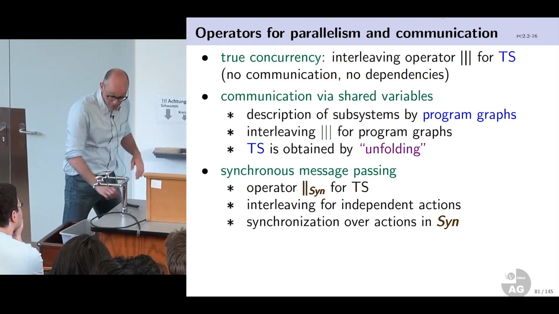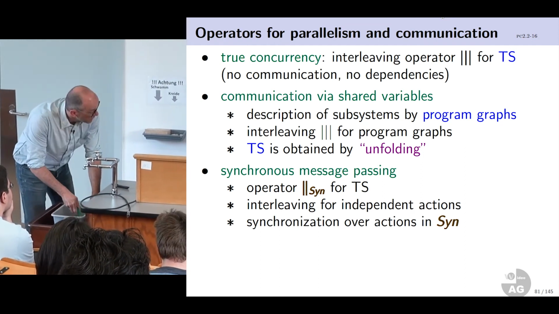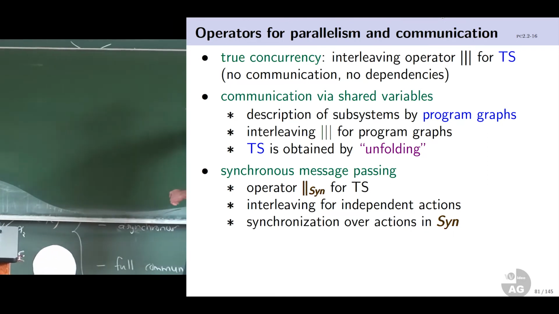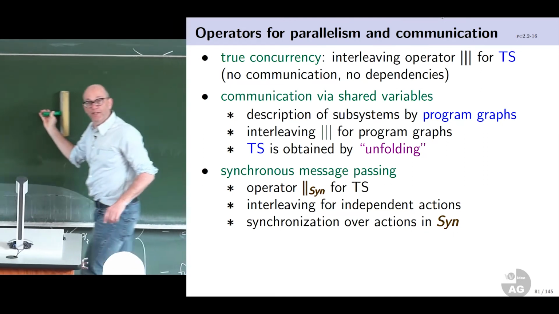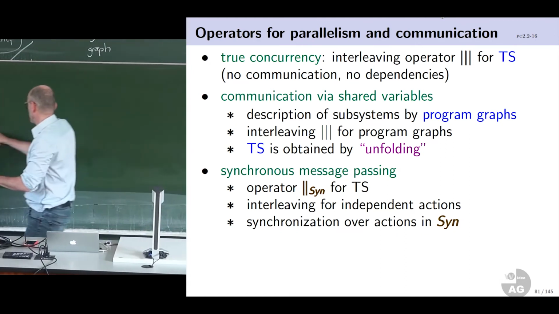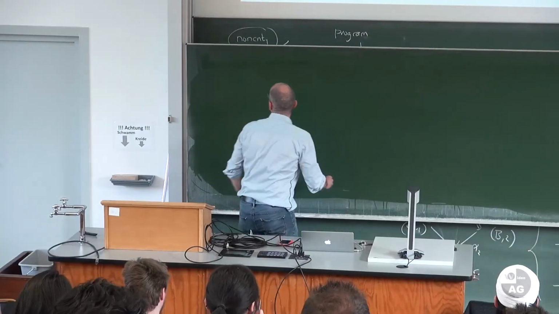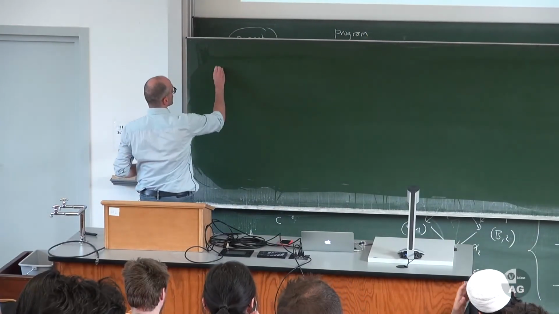Maybe a very simple example could illustrate this. Those people that have attended the lecture on concurrency theory in the last winter semester will here have at least an aha experience, I hope, because this is also what I introduced there. So suppose we have two transition systems.